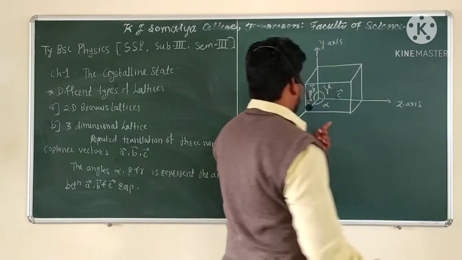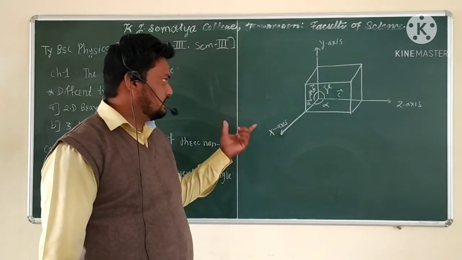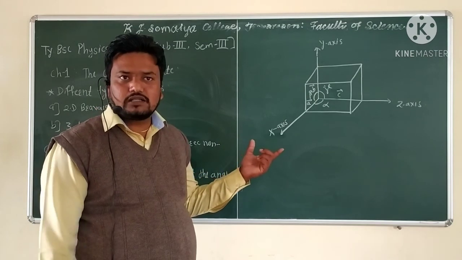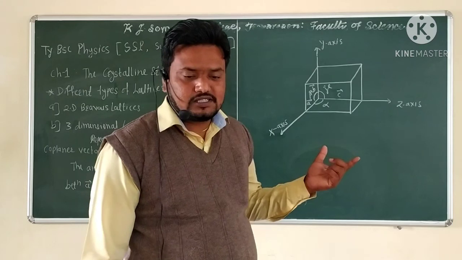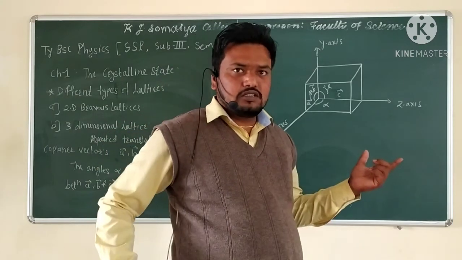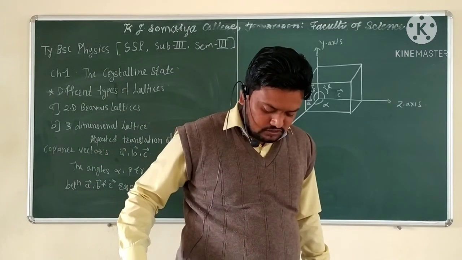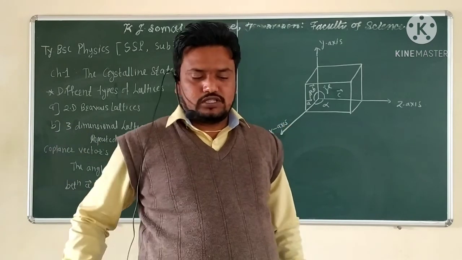These three angles and three vectors, collectively, are known as the lattice parameters or lattice constants.